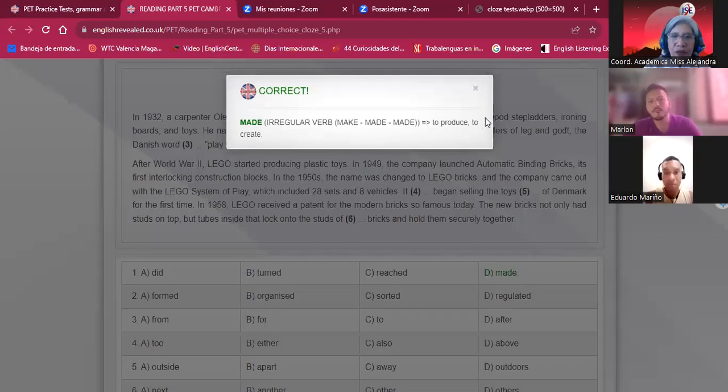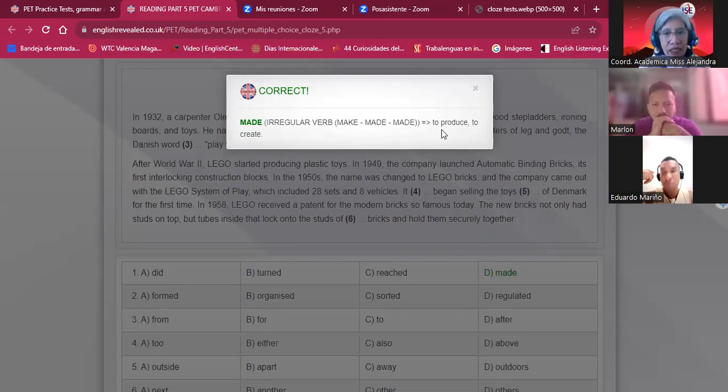Okay. A regular verb, produce or create. So notice, made, the register goes beyond. So made is not just hacer, but produce or create. If you think about the verb make, past participle made, that is hacer.